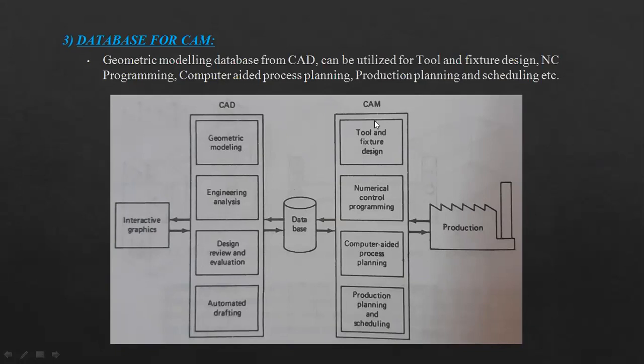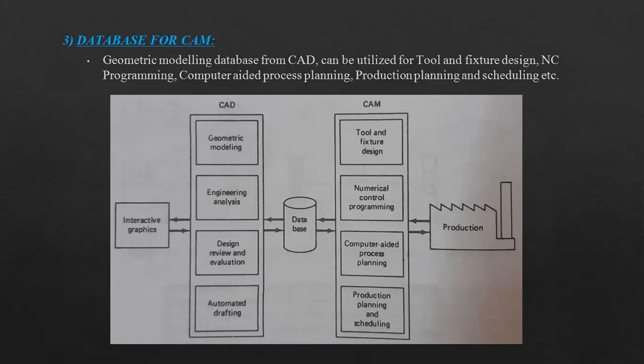That database will be used for CAM manufacture, for tool and fixture design, because based on the part dimensions, you will model the tool and fixture. Tools and fixtures are to be designed just as you designed the component. To do that, you require the final CAD data of the product.